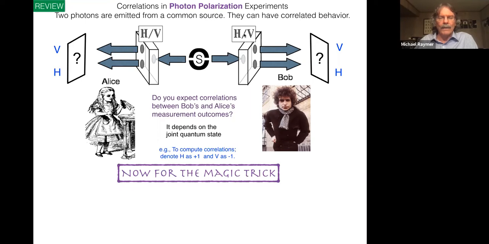And if this polarizer is set to HV, we say Bob has chosen to measure the HV property of this photon. If this polarizer is rotated to DA, we say that Bob has chosen to measure the DA property of this photon.